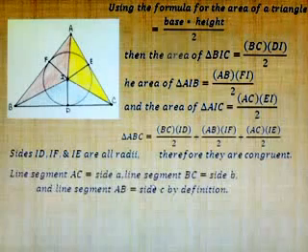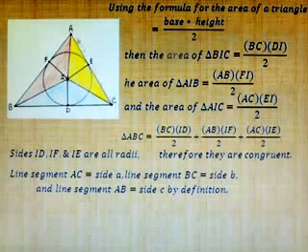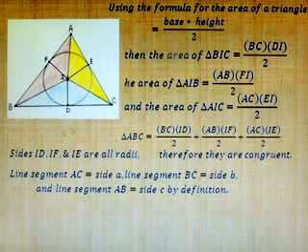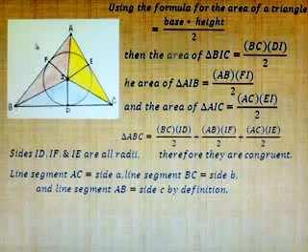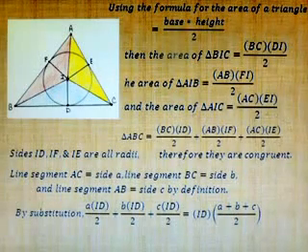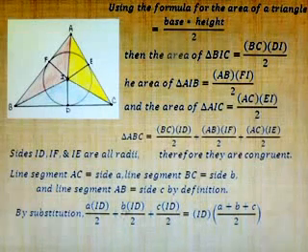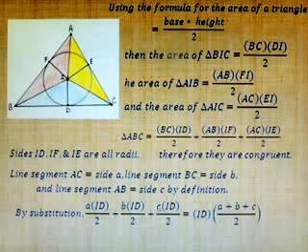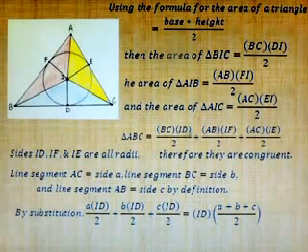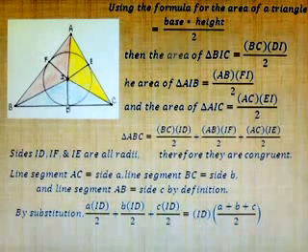So now we're just going to use some substitution techniques, and we said that AC was side A, BC was side B, and AB was side C. So instead of saying BC, we're going to call that B. Instead of saying AB, we're going to call that C. Instead of saying AC, we're going to call that A. And instead of the 3 different radii, we'll just use one radius, ID.